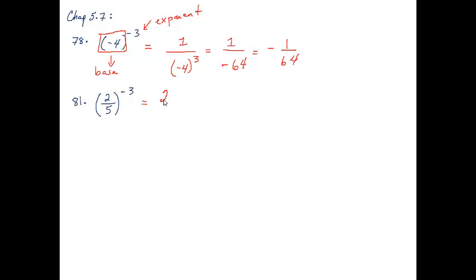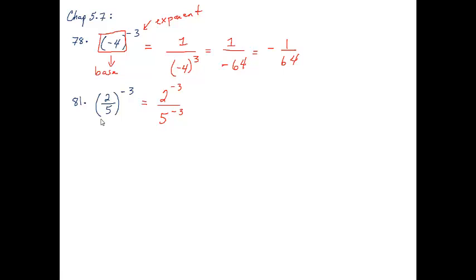So this becomes 2 to the negative 3 divided by 5 to the negative 3. There are many ways you can work this problem, but I kind of like this way, so let's try it this way. If this way doesn't make sense, you can also try multiple other ways. Let me know and we can talk about them.